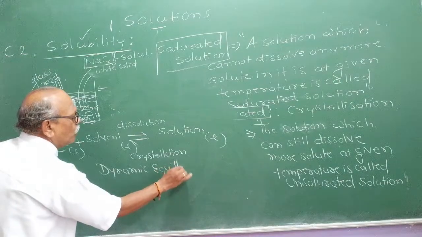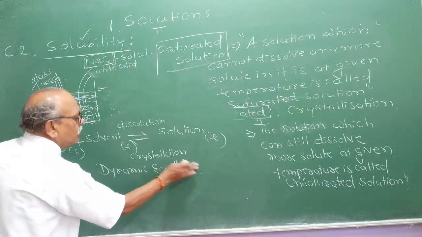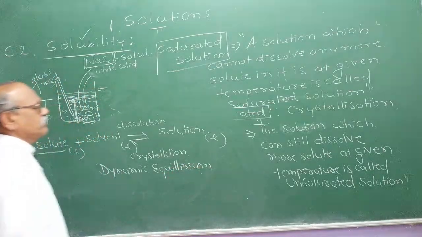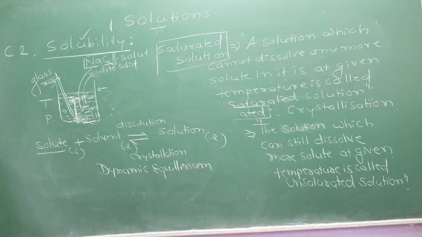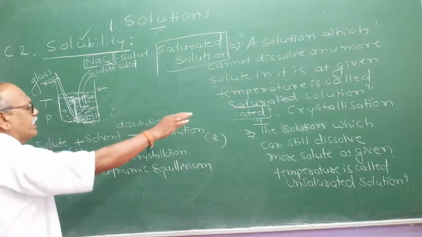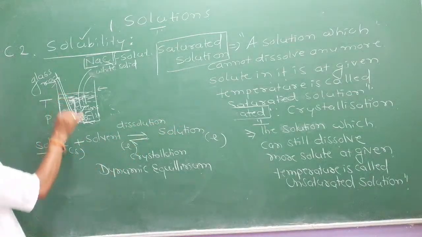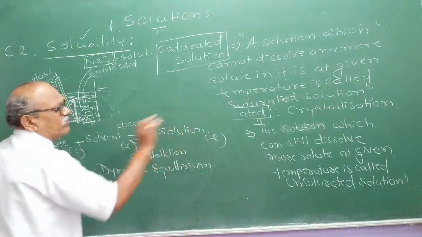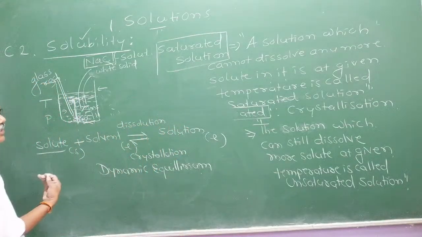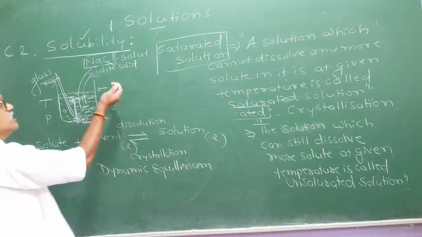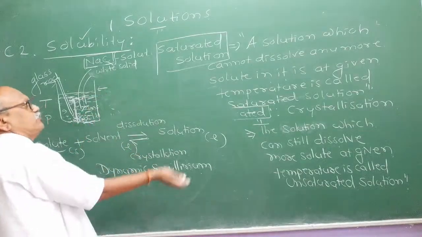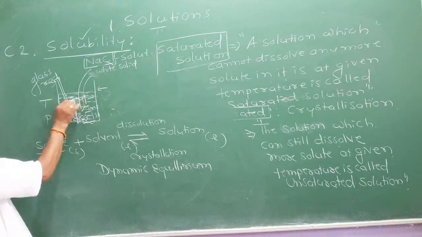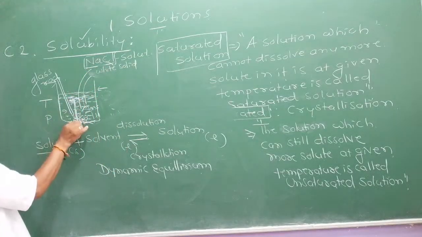You know what an equilibrium state is? Dynamic equilibrium, observe. What is the forward reaction? When solute is put in solvent, it forms a solution; this is dissolution, the forward reaction. What is the backward reaction? When the crystals cross the saturation point, the excess crystals collide between themselves and settle at the bottom.